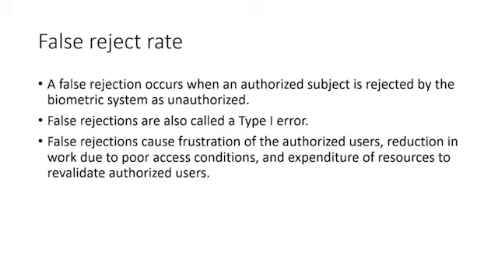If you got a cold and you're talking real deep or something like that, it might not recognize your voice as being you, all right? And you know you're authorized. That's my building. I work in there. I've been working there for 5 years. But all of a sudden it says, no, you're not authorized. That is a false rejection rate. This is a type 1 error, all right? This one's probably better than the other one, which we're getting ready to talk about, because this is going to keep people out.